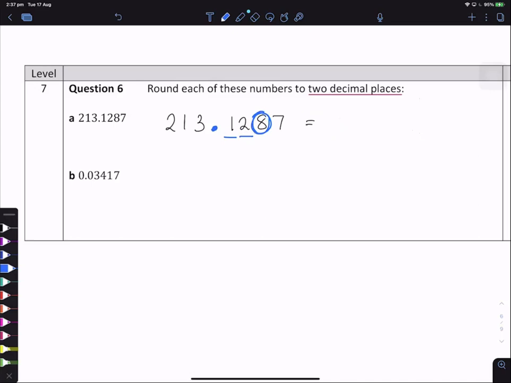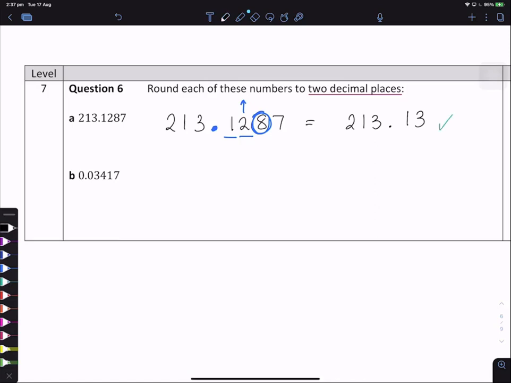Round up. Okay, we need to round up, so this 8 here rounds up the 2. So our answer will be 213.13. That's our final answer.